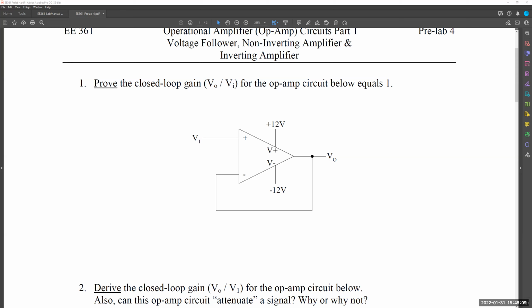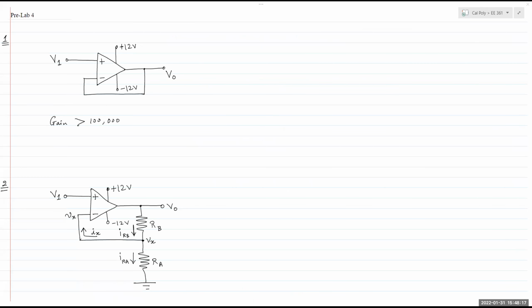If we take a look at the properties of an ideal op-amp, the ideal op-amp actually has infinite gain. That gain is typically larger than 100,000. So here, when you have a non-inverting input and you give an input signal at the non-inverting input, you would expect V out to have some sort of output, right?